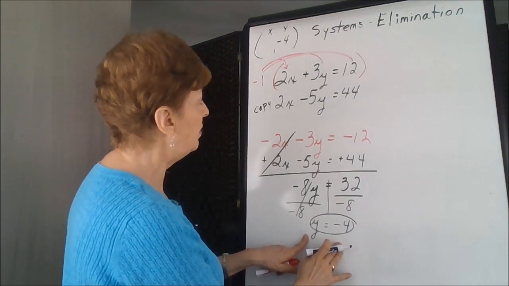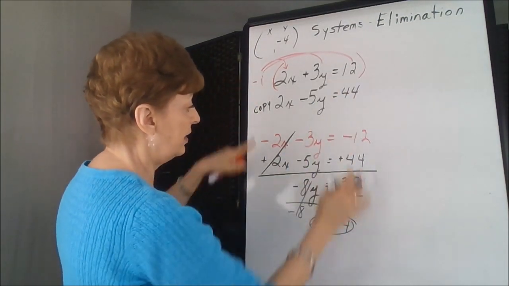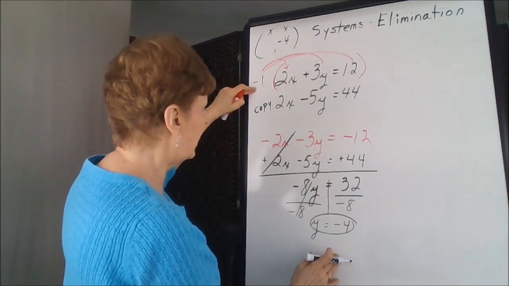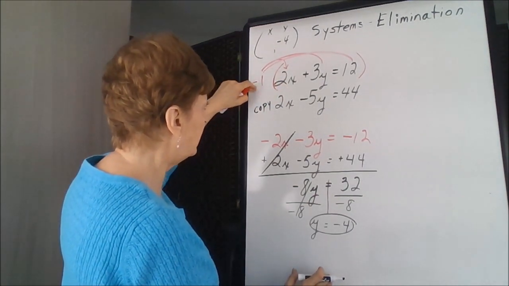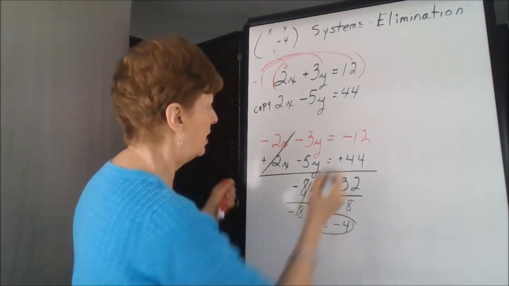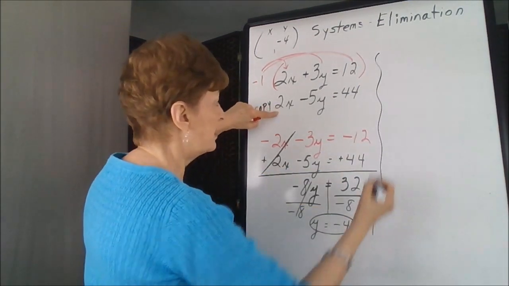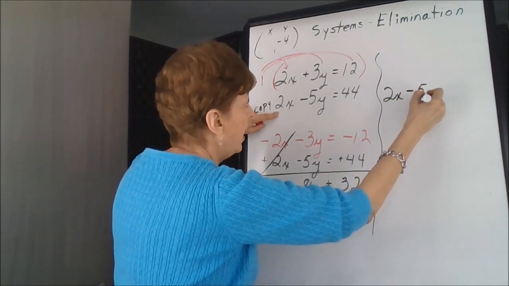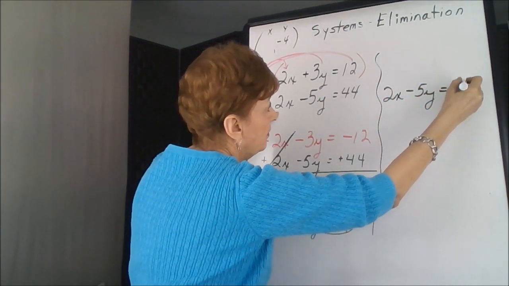This value can be placed back into any of the equations, the original, the one that I multiplied by a -1, or the second one. I'll use the second one. 2x minus 5y is equal to 44.